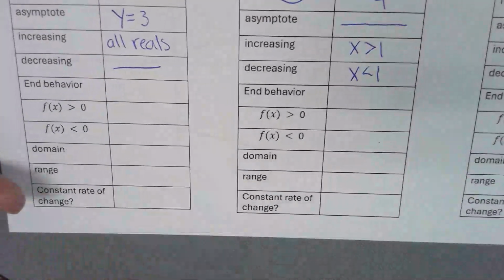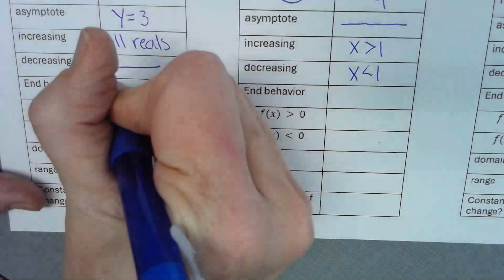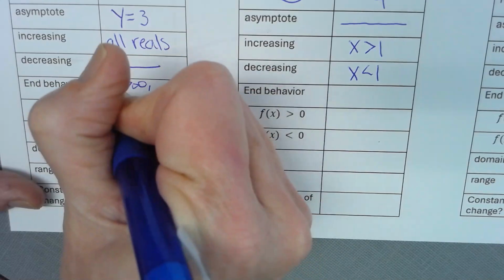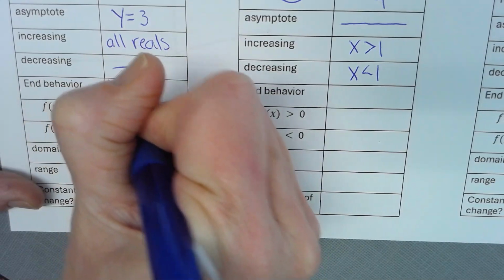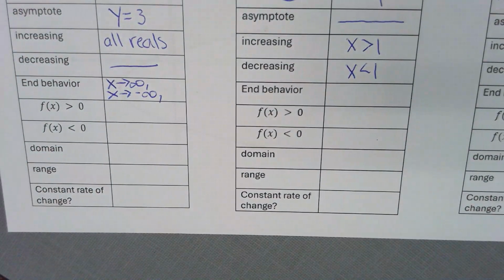In end behavior, for every one of the end behaviors, you can go ahead and write it like this to get started. X goes to positive infinity, comma, x goes to negative infinity, comma. Every one of them starts off that way because this is not the part that changes. So you can fill that out across both of those. It's the y part that changes, not the x.